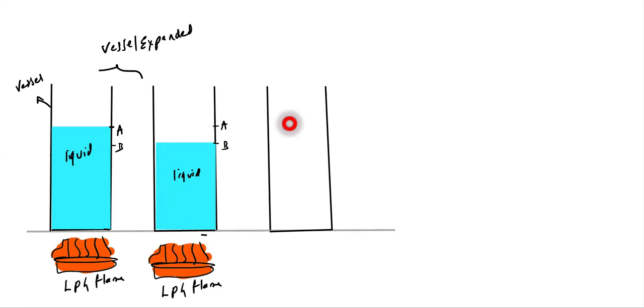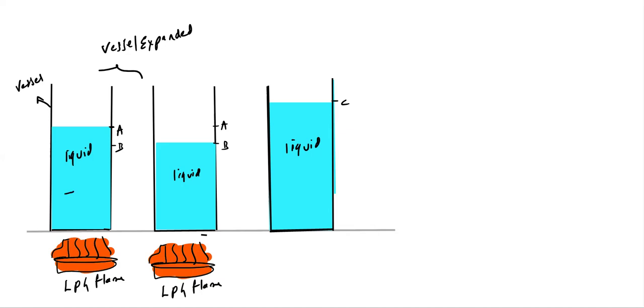So here the liquid will expand and the level we can show something like this. Let me draw it properly. So the level of the liquid has come till here.